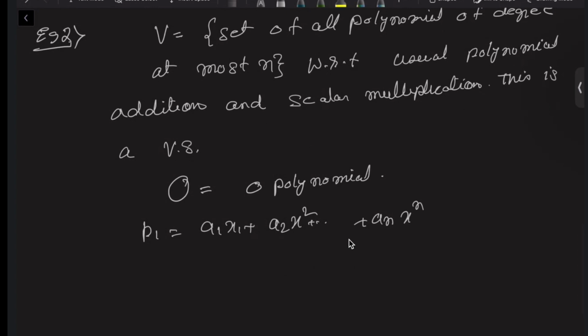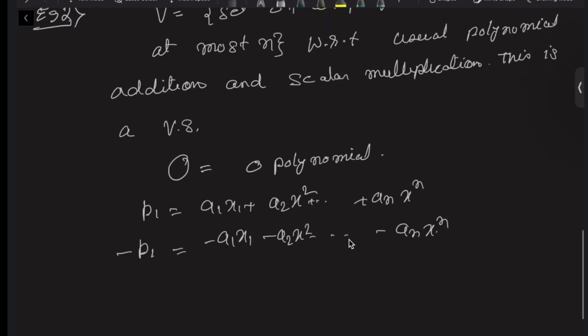What is going to be minus p1, or the inverse? It's simple: minus a1 x minus a2 x^2 and so on up to minus an x^n. This is again for your understanding.